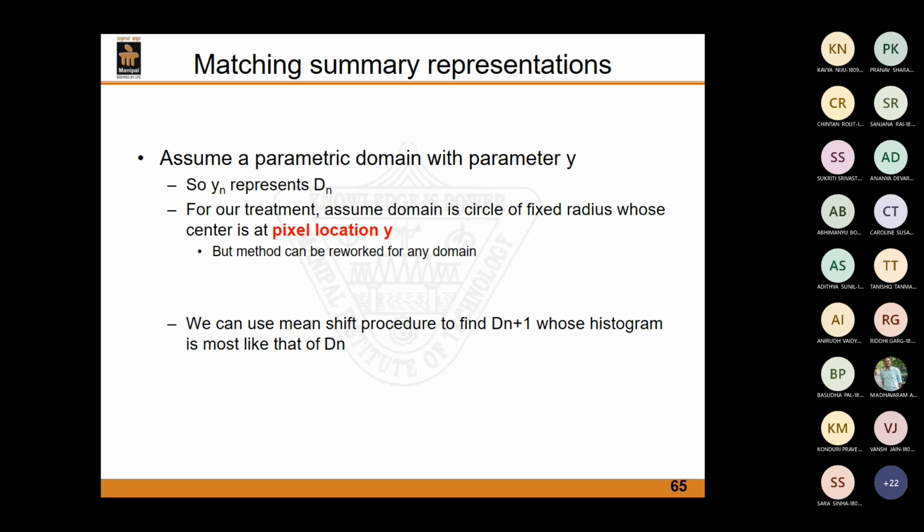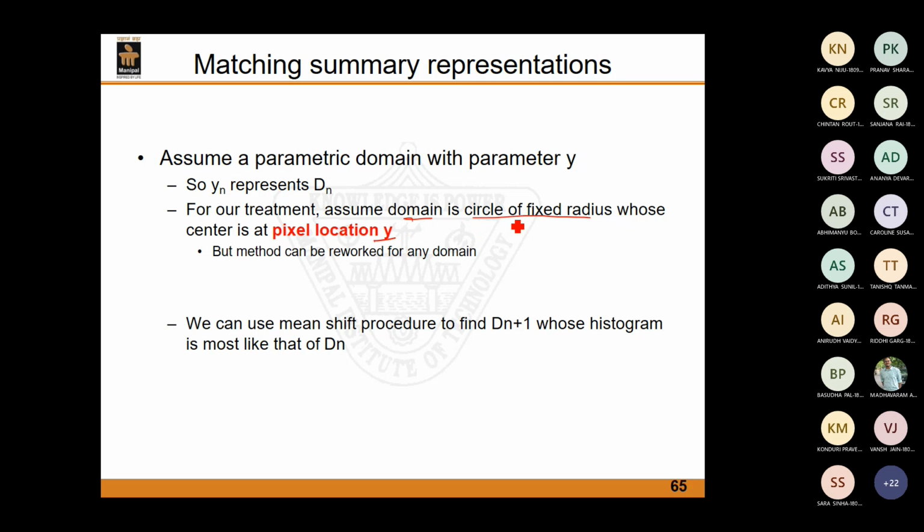So in today's class, we'll continue with the tracking using the summary matching. So let us assume that you've been given a frame, okay? And the region of interest or the domain of interest that we have is a circle of a fixed radius, and whose center is at a pixel location which is given by y, let's say.